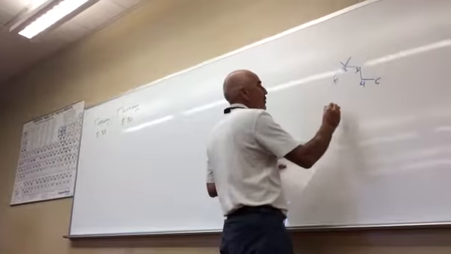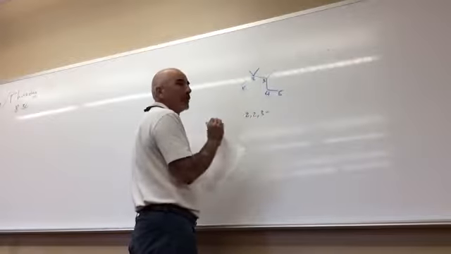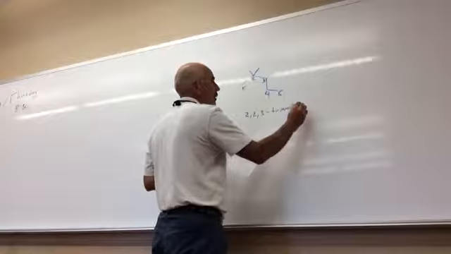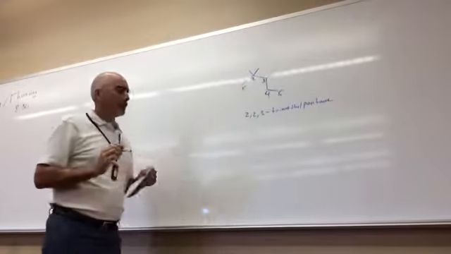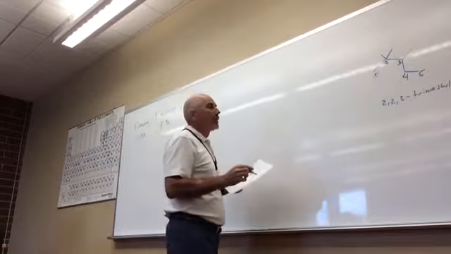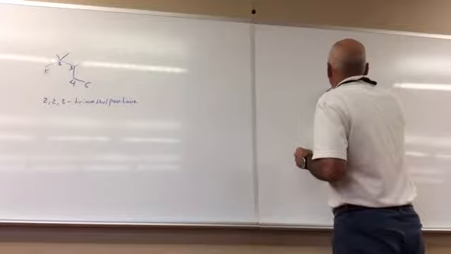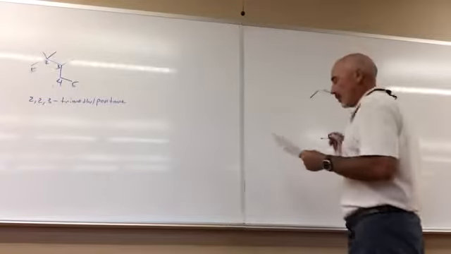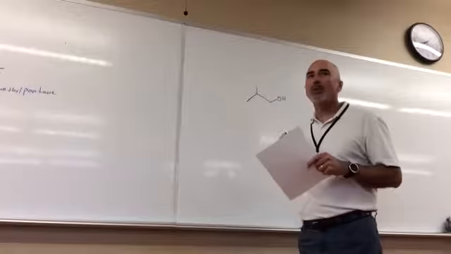Okay. So I got 2,2,3-trimethylpentane. Okay, got that one. Next one is propanol. So 3 carbons with a 2-isopropyl. Do you remember what an isopropyl is?